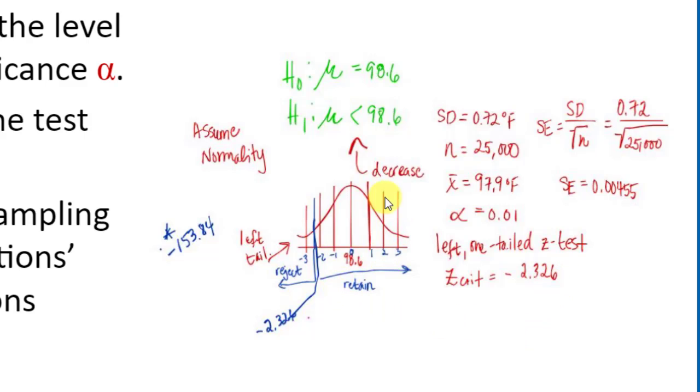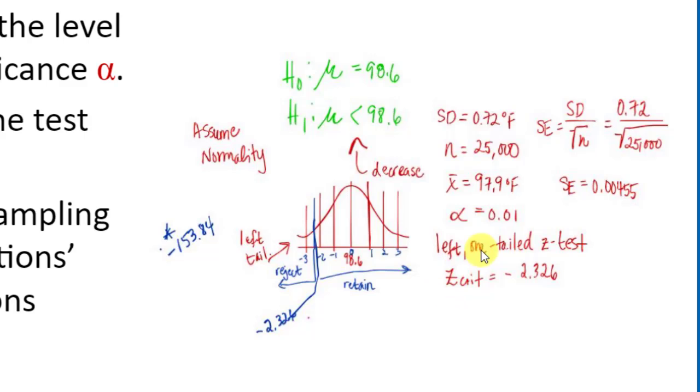We drew out our normal curve, our model, and decided that negative 2.326 was the boundary. Anything less than that, we were going to reject. Anything more than that, we were going to retain.